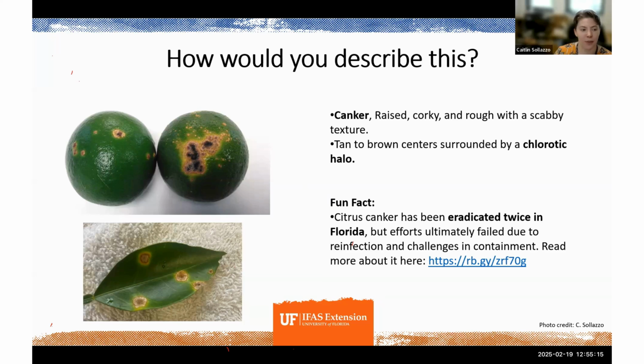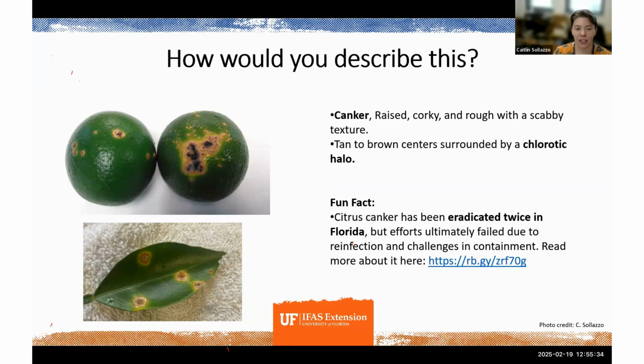And then the fun fact, if you don't know about citrus canker, is it was introduced into Florida 3 times. It was successfully eradicated twice. And then the last effort to eradicate it ultimately failed because there were a couple of hurricanes during that season that spread it really far.